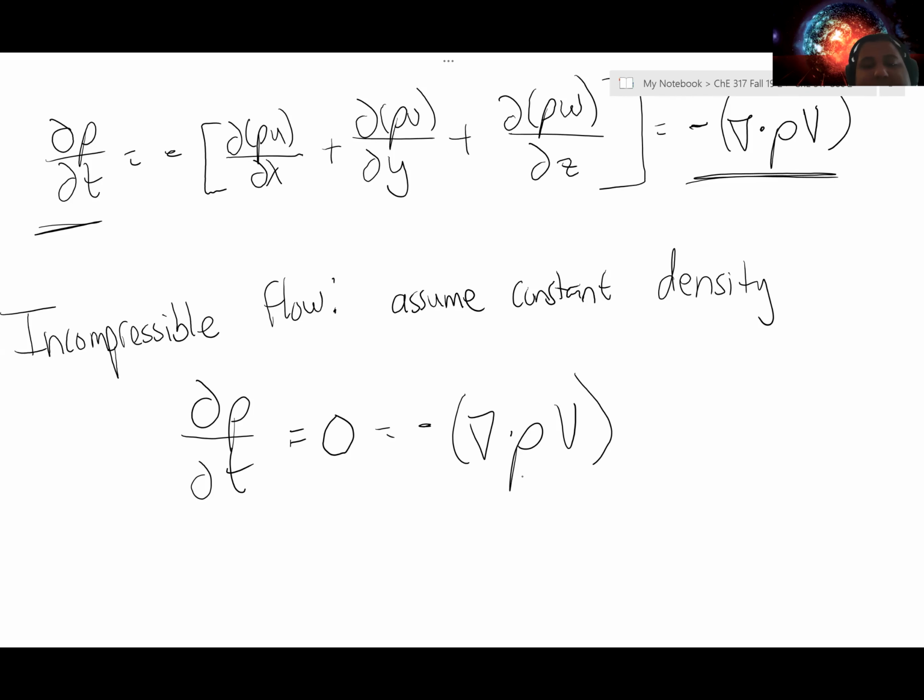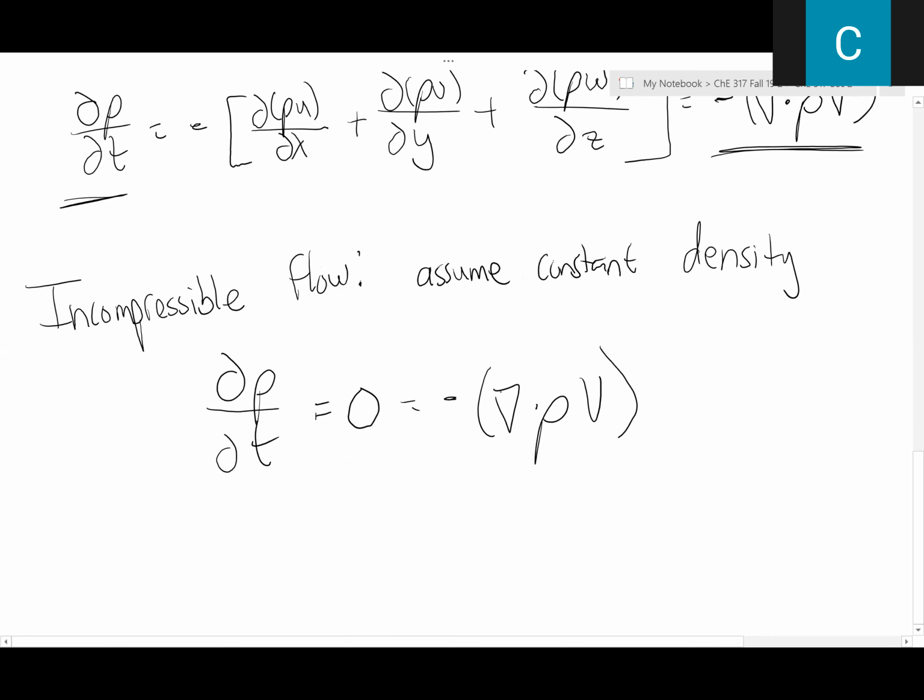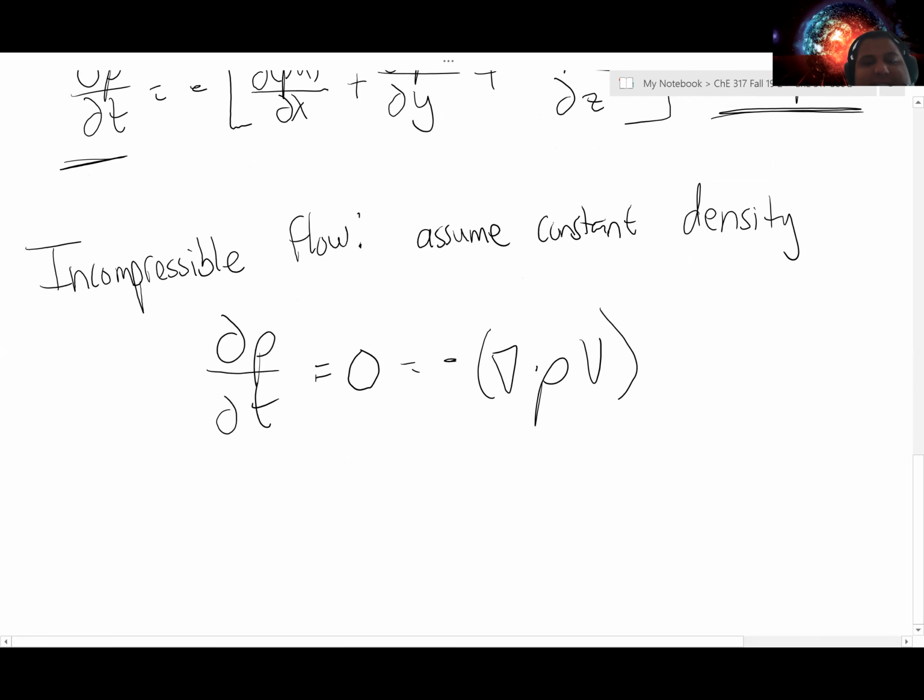It simply means that the divergence, del dot rho v, yes, it is technically the divergence, when you're looking at the cross product of that gradient term. And so what it really means is that for incompressible flow, and we're assuming a constant density, there's going to be no net accumulation, such that the fluxes in and out of these elements must be equivalent.